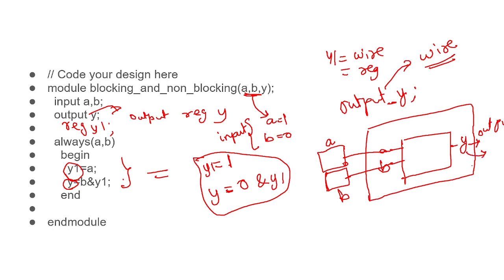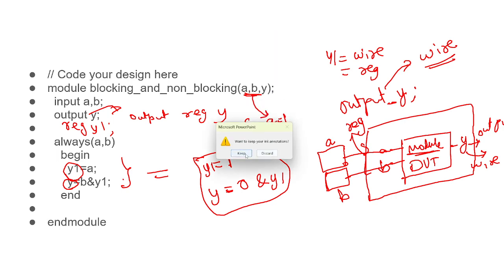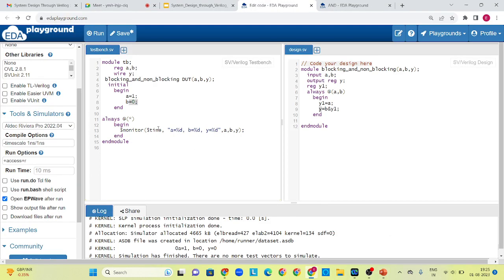So this I am defining with wire variable, and this too I am defining with register keyword. This one is our module. So I am instantiating this as a variable, as a DUT. Okay, this is the test bench.